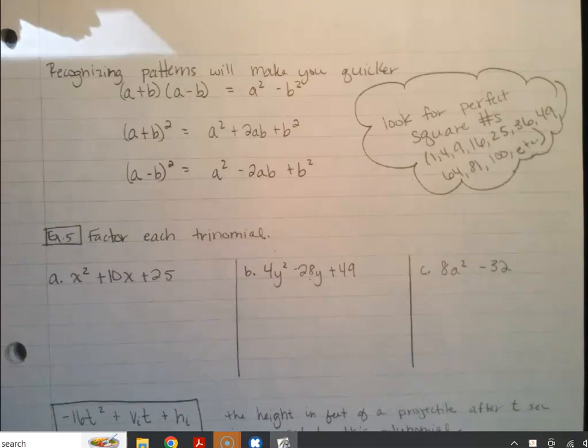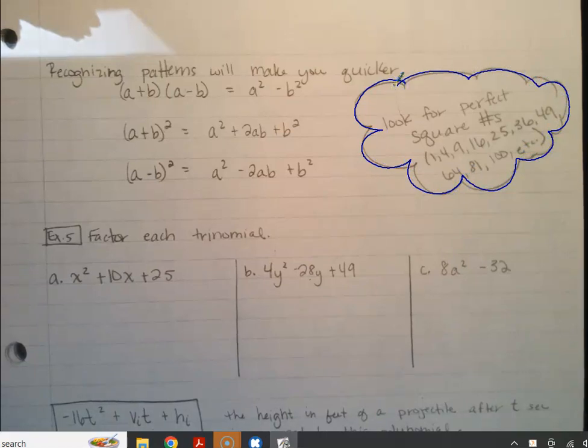First it says, look for perfect square numbers. I listed several of them out here for you. So 1, 4, 9, 16, 25, 36, 49, 64, 81, 100, 121, 144. I lost my train of thought there. Looking for those perfect squares is going to be helpful.